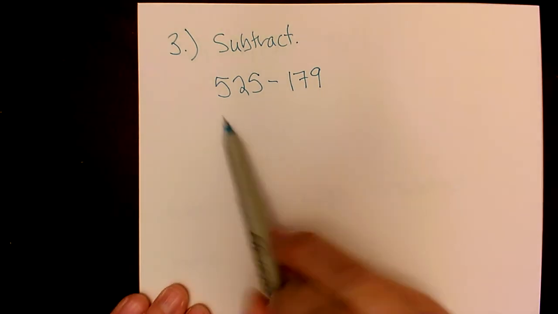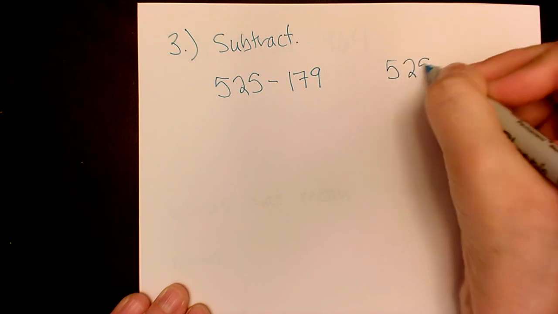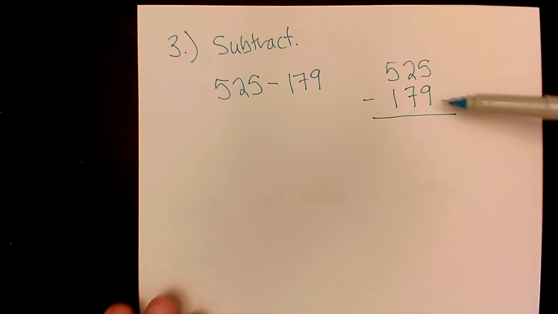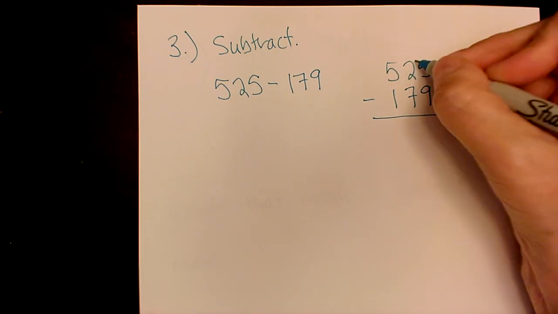So again, if it's written horizontally, we want to put the bigger number on top and arrange them one underneath each other so it's easier to subtract. Okay, so I'm going to start right here on that side, and can I take 9 away from 5? Do I have enough? I do not. So I need to borrow.